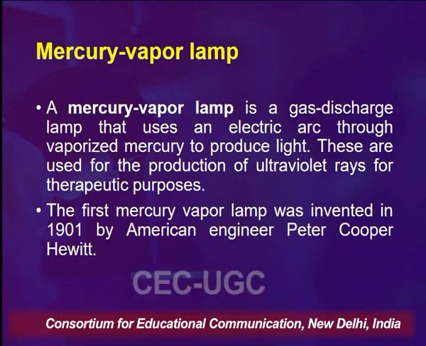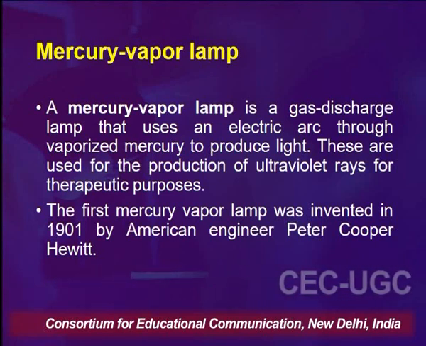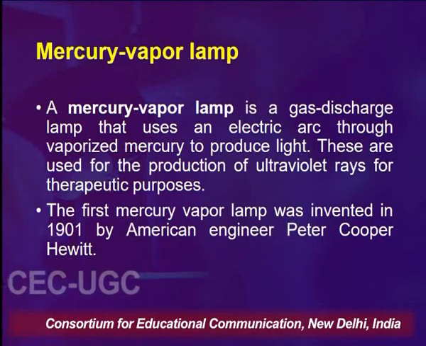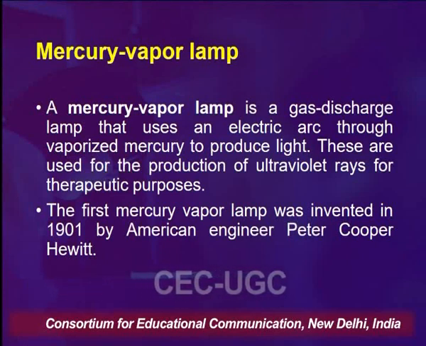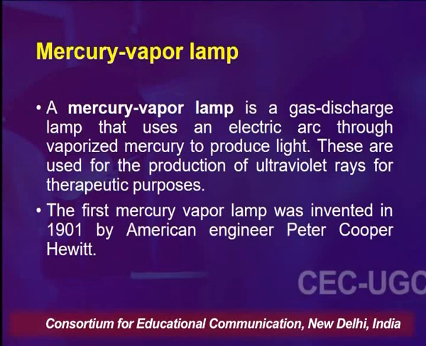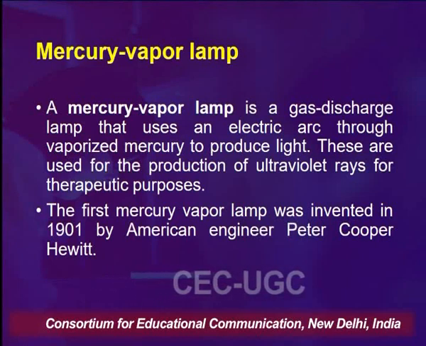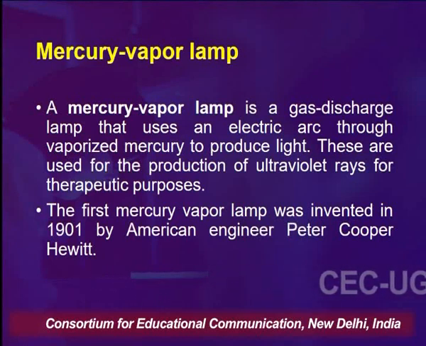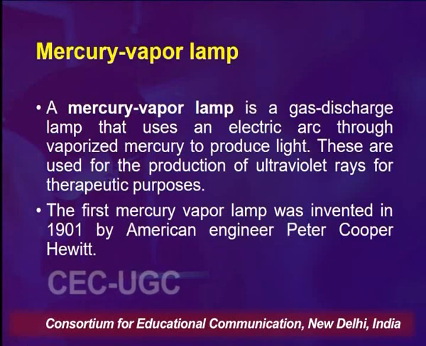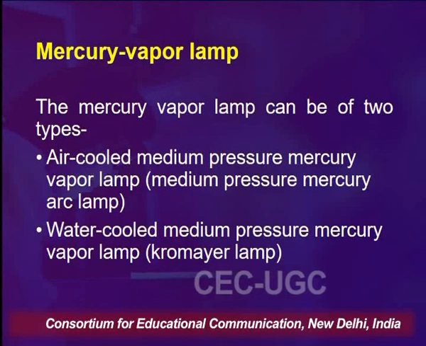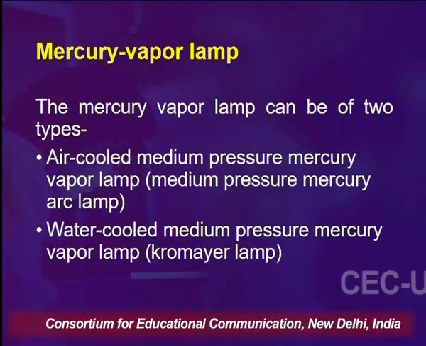A mercury vapor lamp is a gas discharge lamp that uses an electric arc through vaporized mercury to produce light. These are used for the production of ultraviolet rays for therapeutic purposes. The first mercury vapor lamp was invented in 1901 by American engineer Peter Cooper Hewitt. The mercury vapor lamp can be of two types, air cooled and water cooled.